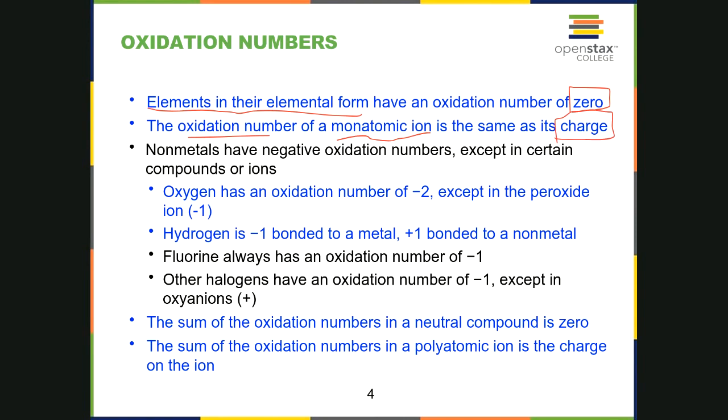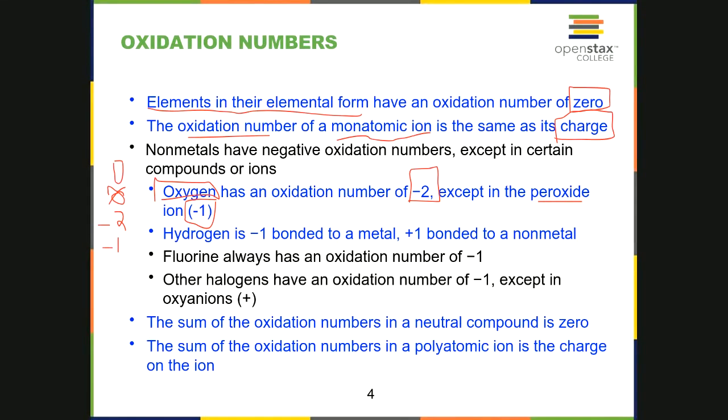Oxygen is going to be -2 in a compound unless it's a peroxide, and then it's going to be -1. So for oxygen, possible oxidation numbers are going to be 0 if it is in elemental form, if it's O2. Otherwise, it's going to be -2 or -1, although you will have to know that it's a peroxide to know that. You should be able to get it from the formula.